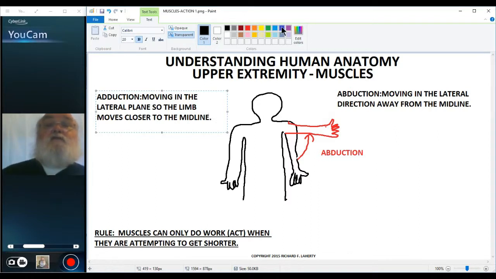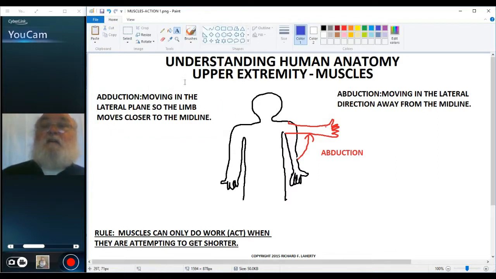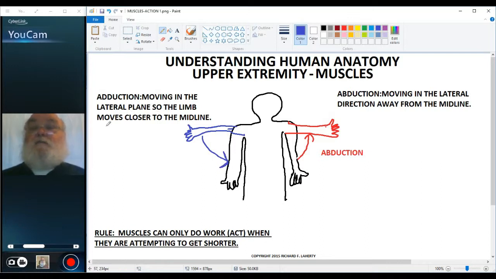So again, going with our drawing, if we started out in this position, and we brought the arm back down to anatomical position in this direction, this would be adduction.